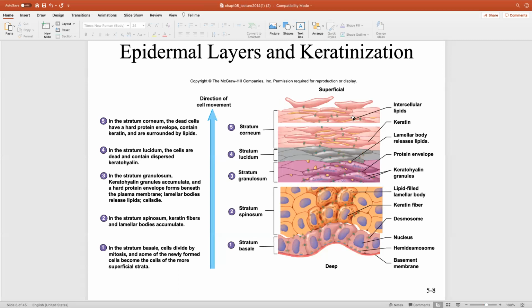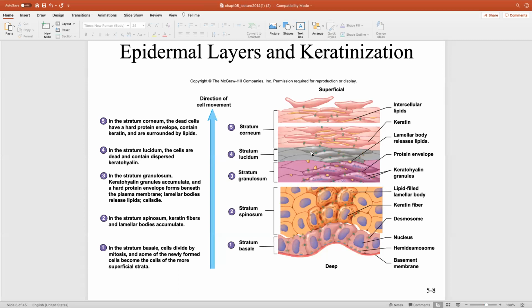So even thick and thin skin will have those four layers. What sets thick skin apart from thin skin is the stratum lucidum. There is an extra layer of skin in thick skin, where you see the presence of the stratum lucidum, and thin skin has an absence of this layer.